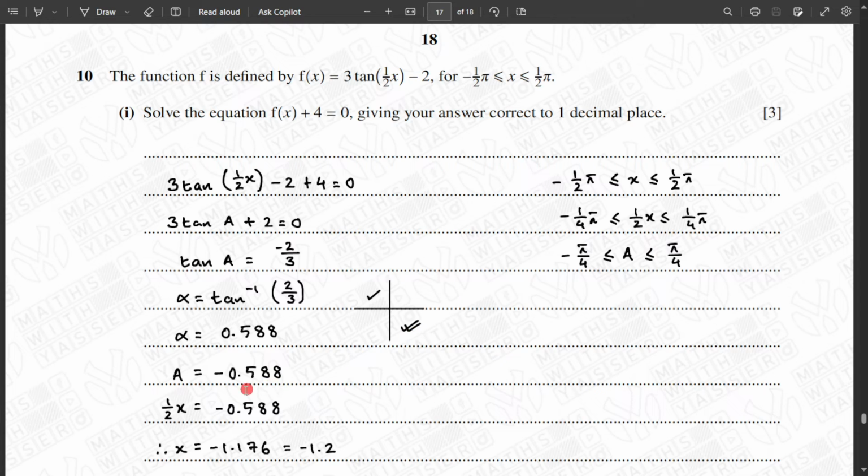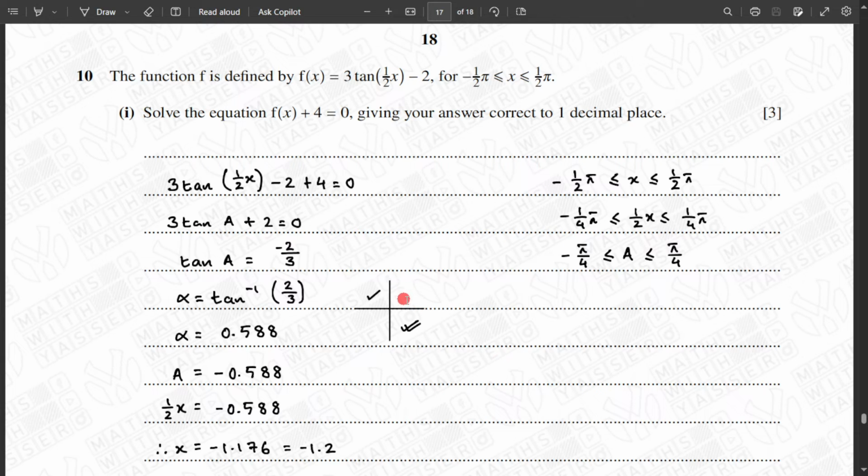Now we can say that a should be equal to minus 0.588 because first we need to find the negative angles. So if the basic angle is 0.588, that means the negative angle when going clockwise will be minus 0.588, and we can't go over here.